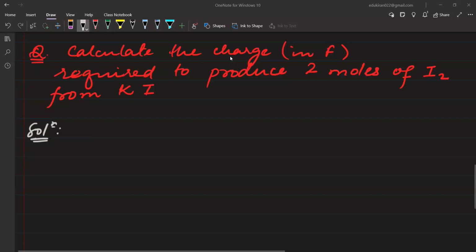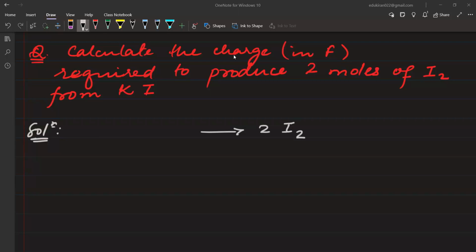Tell me, what is that amount that is fixed? 2 moles. ठीक है, that means 2 moles of I2. Now 2 moles of I2 will require how many moles of KI? Tell me. 4. Yes, very good. सबको दिख रहा है ये चीज that we require 4 moles of KI? Yes or no? Please tell me. Yes, sir. We need 4.